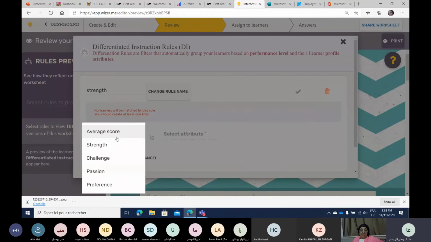It can be average score, it can be challenge, passion, or preference. And this is what is amazing. This is what I was saying, that with Wiser.me, you are able to interact with your students, send them feedback, and have them work on the right worksheet which corresponds to their standards.